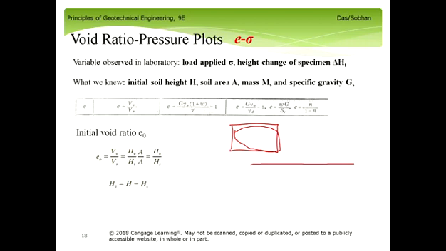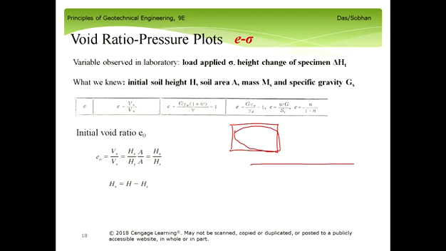So, okay, let's continue. Because of the constraint of the ring, the drainage is actually from top and bottom, and cannot be from the horizontal direction. So the displacement is only vertical. It cannot have any horizontal volume change of the soil.